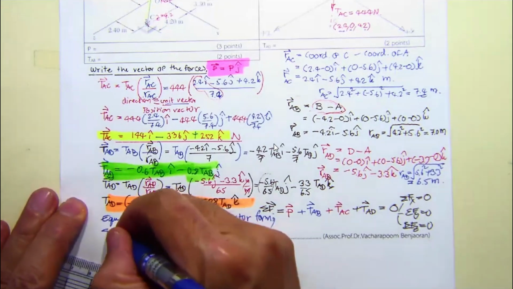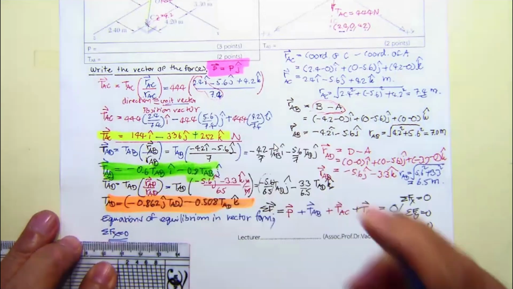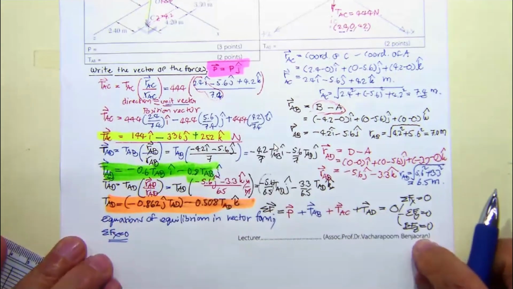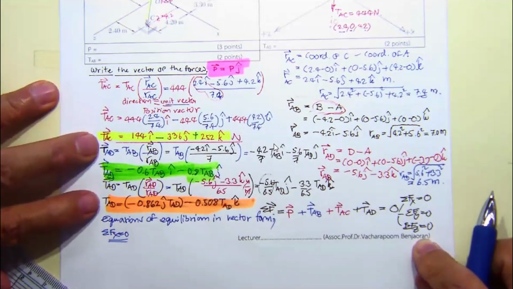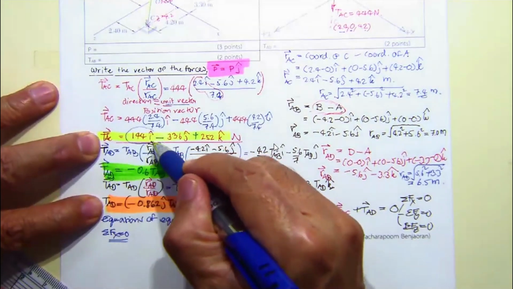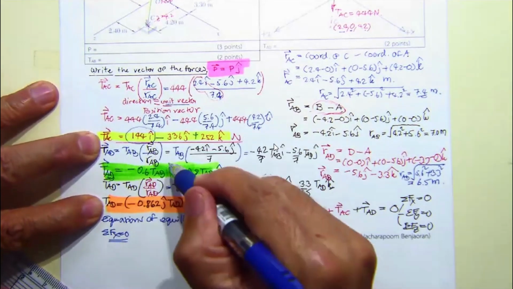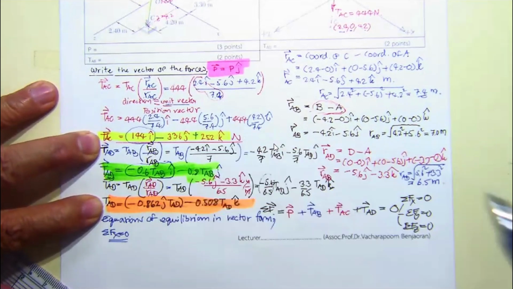First, summation of F sub x equal to 0. You got to check for the i. What are the components of the three forces that have the i? See, you have this one for the i. You have this one for the i. And that's it. Okay, you have no more.